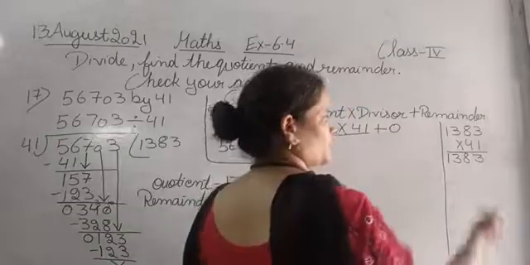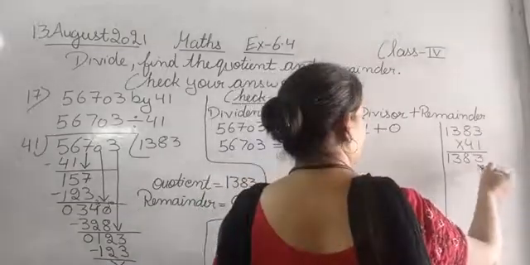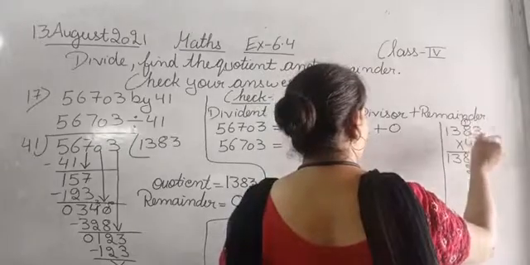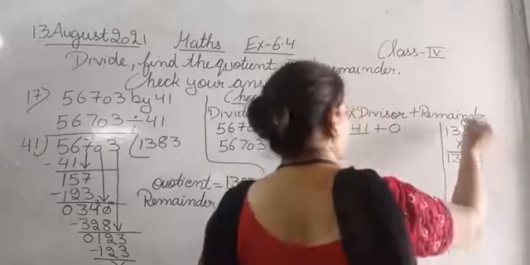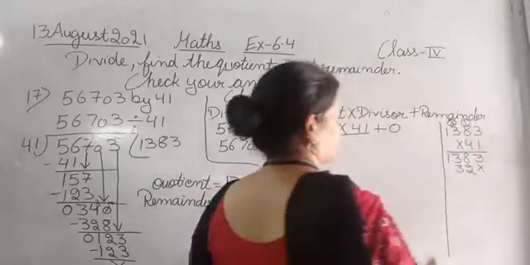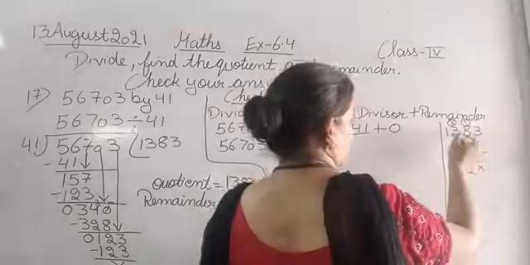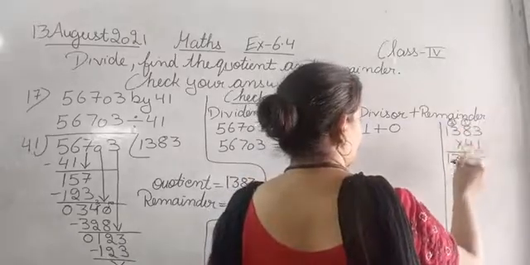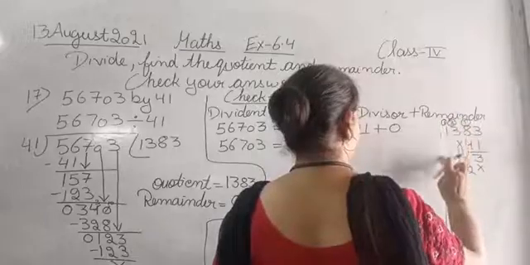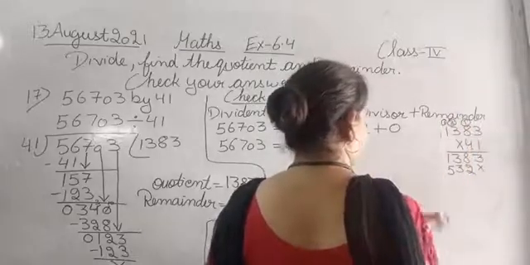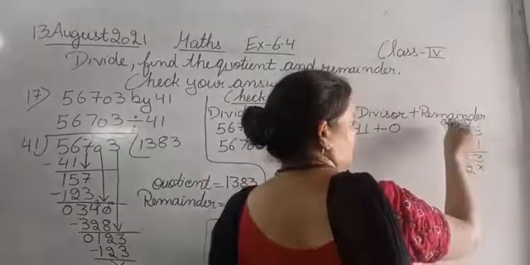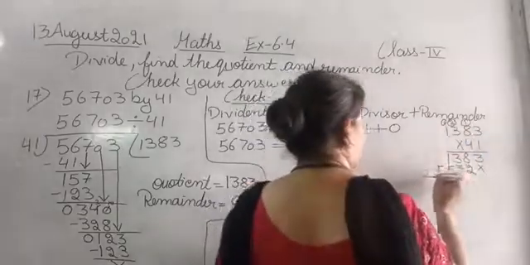Now multiply 4 with 1,383. 4 3s are 12. 4 8s are 32 plus 1, 33. 4 3s are 12 plus 3, that is 15. 4 1s are 4 plus 1, this is 5.